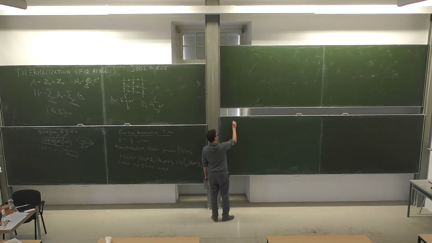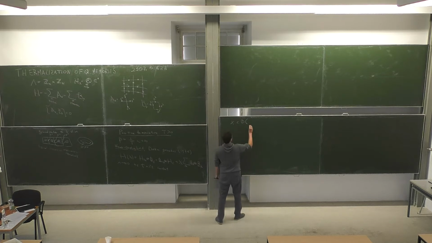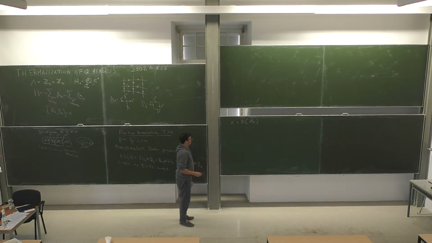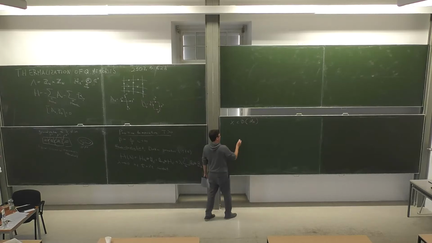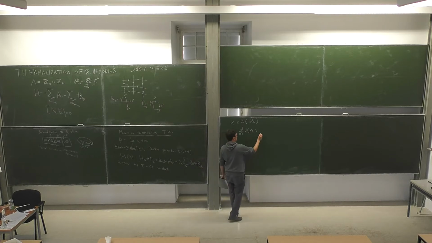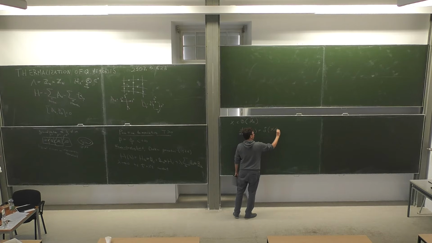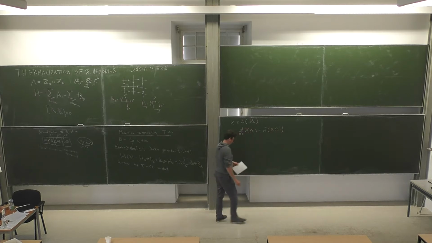So if you have X, which is some bounded operator on our Hilbert space of the toric code, the time evolution under this reduced evolution is just given by a generator L.